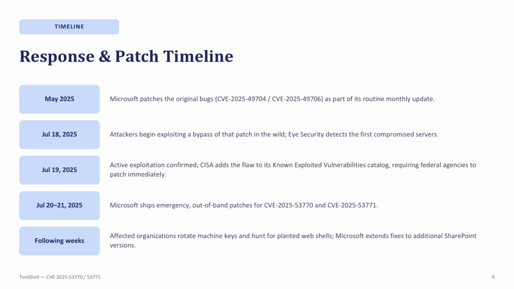CISA adds the flaw to its known exploited vulnerabilities catalog, requiring federal agencies to patch immediately. July 20th to 21st, 2025: Microsoft ships emergency, out-of-band patches for CVE-2025-53770 and CVE-2025-53771. Following weeks: affected organizations rotate machine keys and hunt for planted web shells. Microsoft extends fixes to additional SharePoint versions.